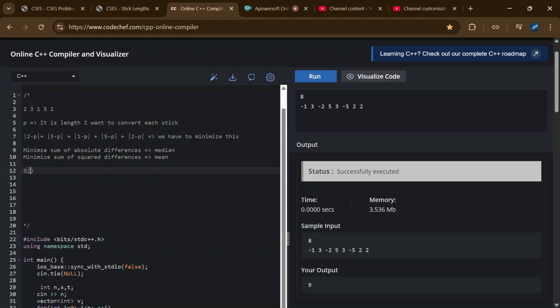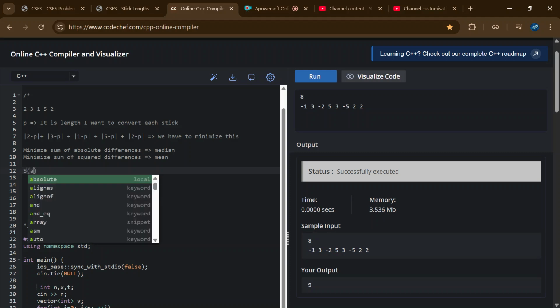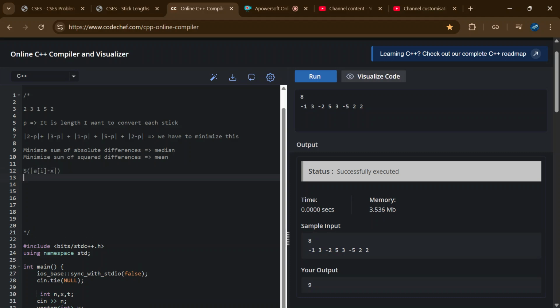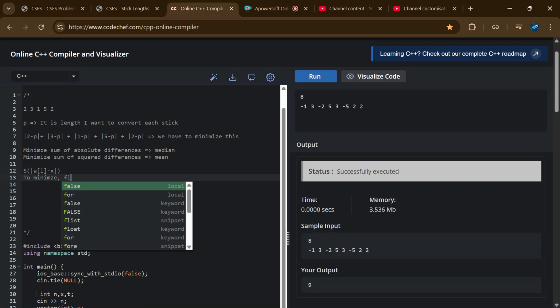I can't write sigma here because I don't have the keyboard button, so I am writing S. We have to minimize this, or you can say x instead of p. How can we minimize it? There is a mod also. To minimize it, we have to first find the derivative of it.